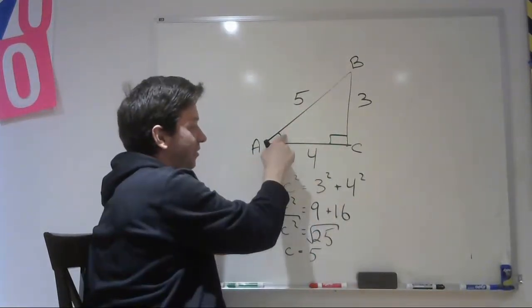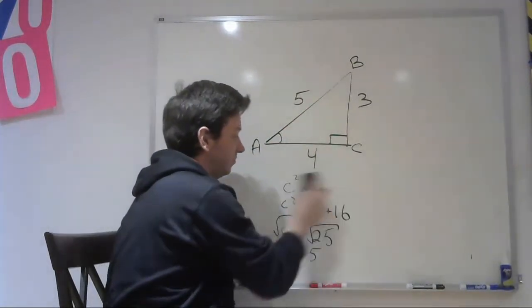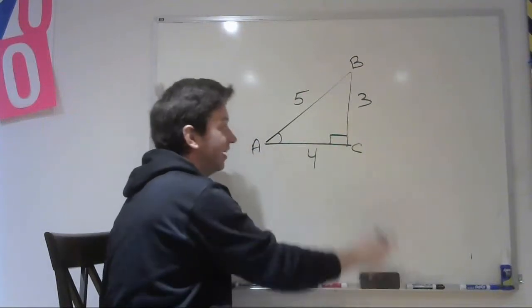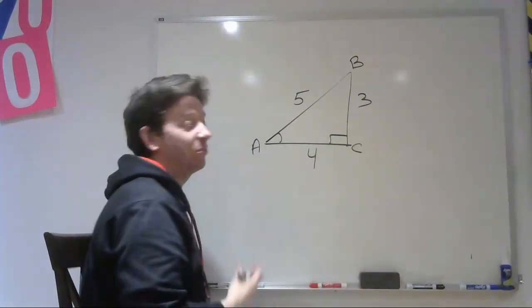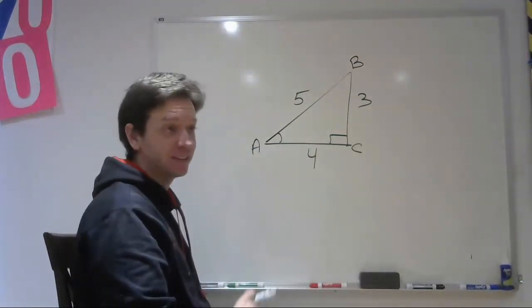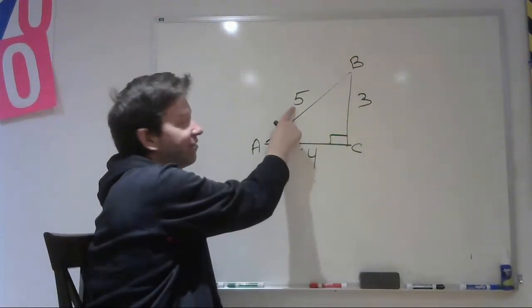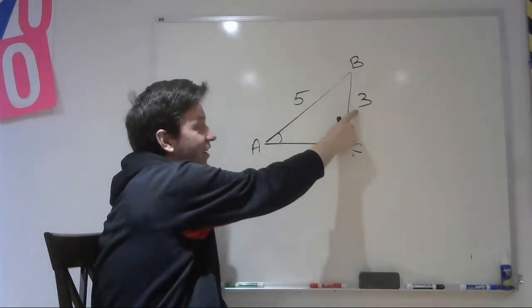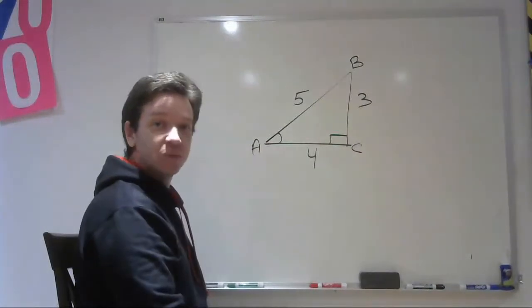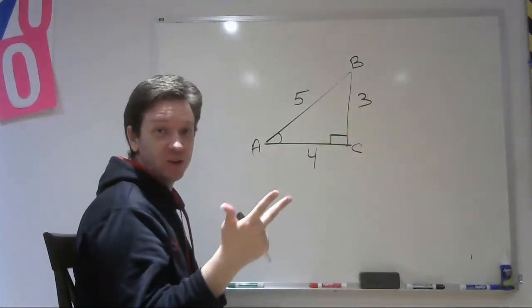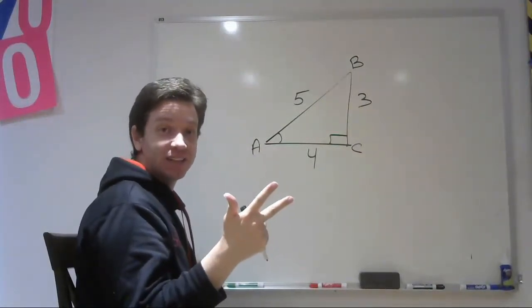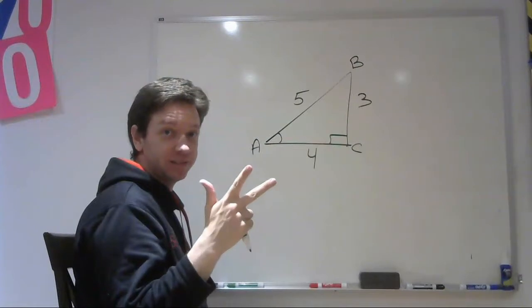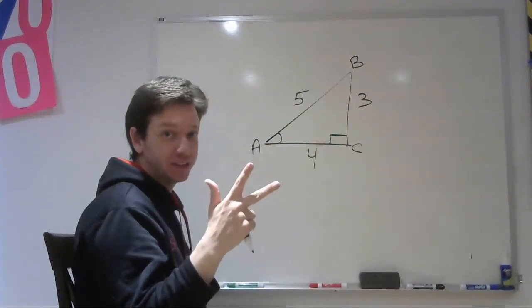Now we have to actually figure out what that angle is. Now in this case, since we know all three sides, we could use any trig ratio we want. But let's pretend that we haven't calculated that yet. We could figure out this angle using opposite and adjacent. So which one of those trig ratios, SOH CAH TOA, uses opposite and adjacent? Think about it. Pause the video if you need to.